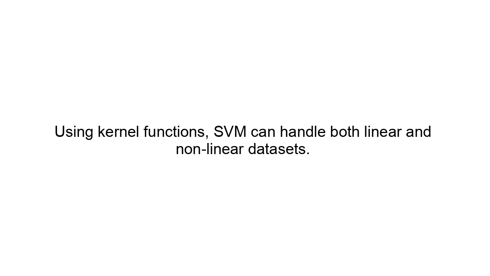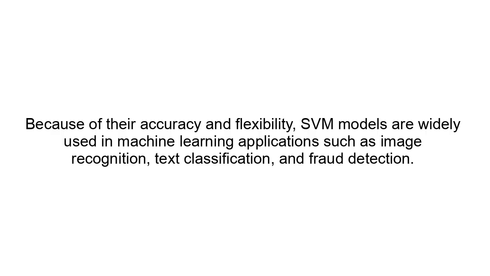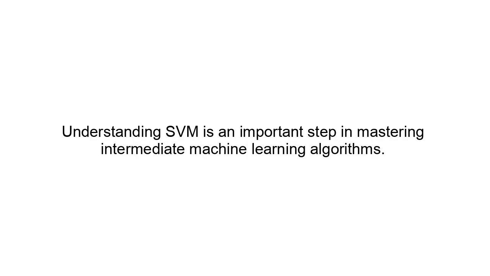Using kernel functions, SVM can handle both linear and nonlinear datasets. Because of their accuracy and flexibility, SVM models are widely used in machine learning applications such as image recognition, text classification, and fraud detection. Understanding SVM is an important step in mastering intermediate machine learning algorithms.